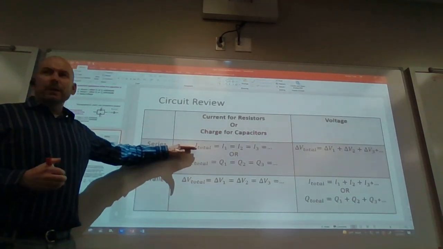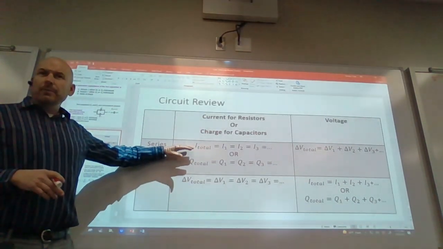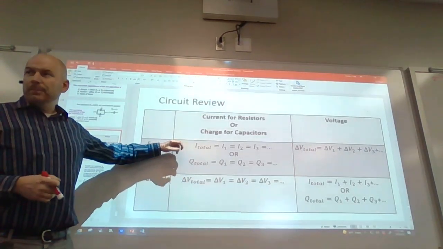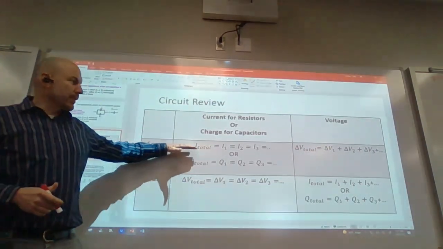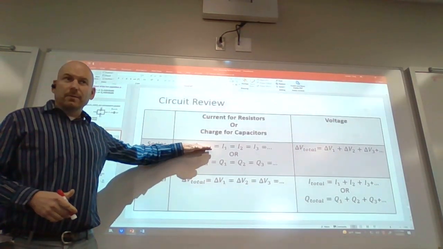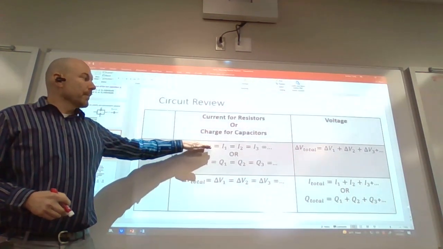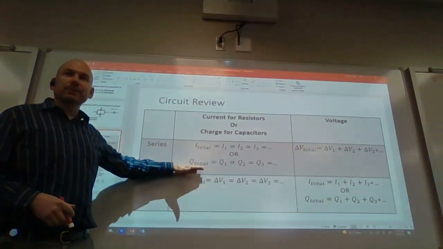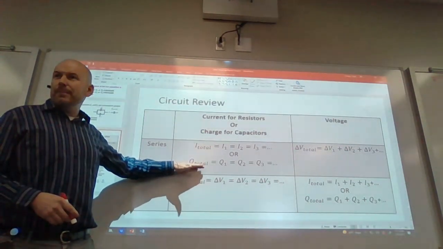With resistors, bring it back to circuits and Ohm's law, which I think you're more familiar with. In series, the current's the same for resistors in a circuit. For capacitors, the charge is the same.